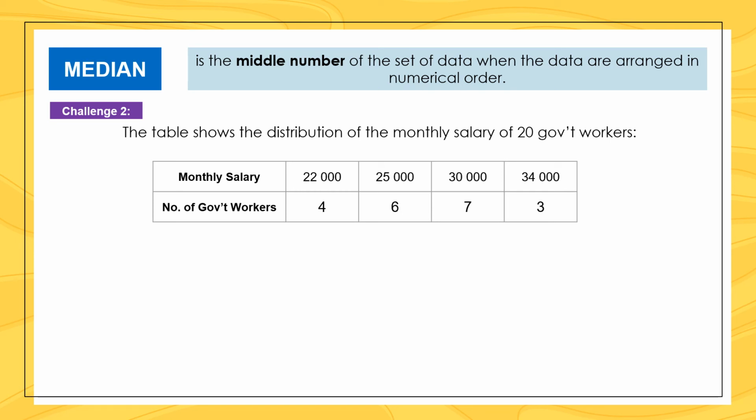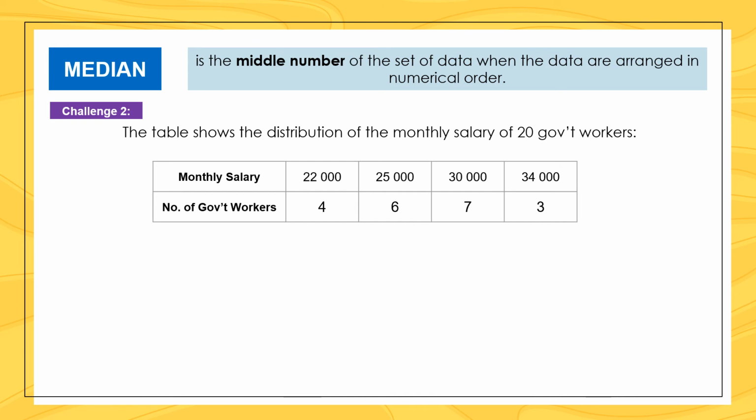Okay, let's try to check. We got 4, 6, 7, and 3. Those are the number of government workers having this salary. It corresponds to their salary. So 4 government workers have a salary of 22,000 and so on, right?